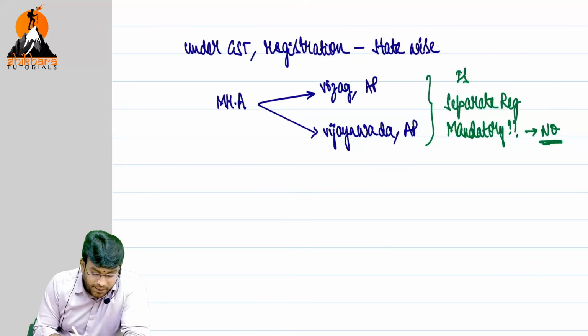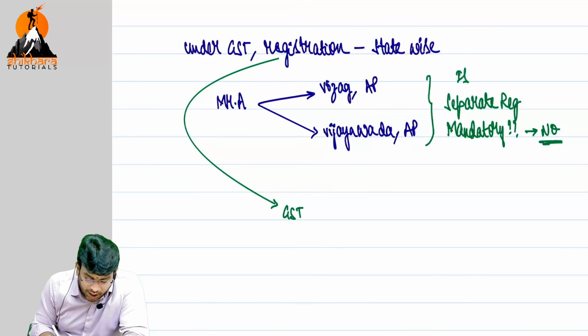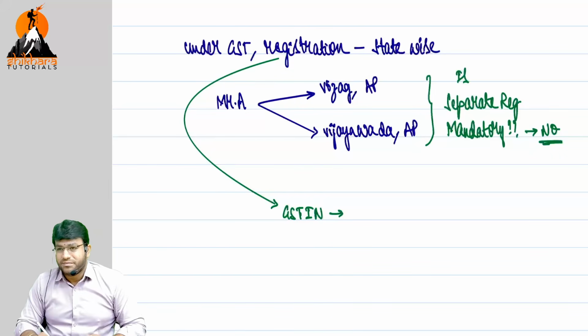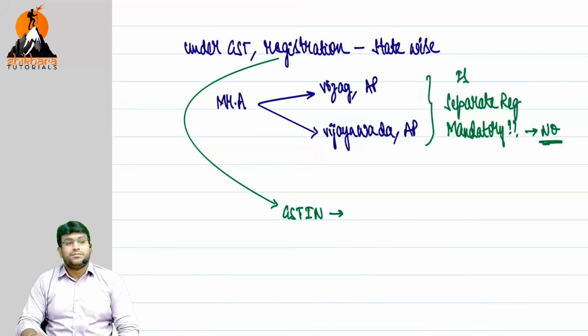Under GST, the moment you take registration, you get one number called GSTIN. It stands for GST Identification Number. I hope you know this. How many digits? Options: 14, 15, 16, 17.